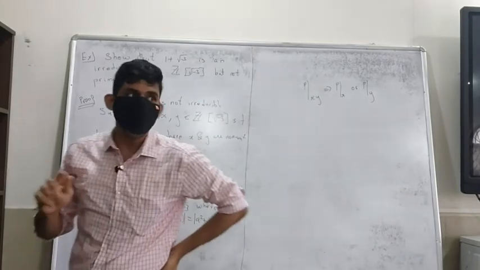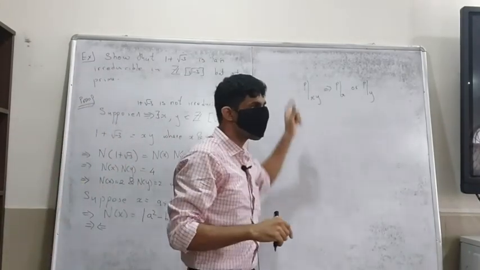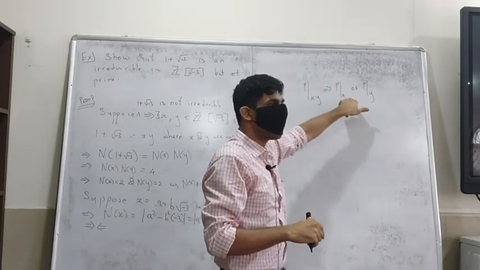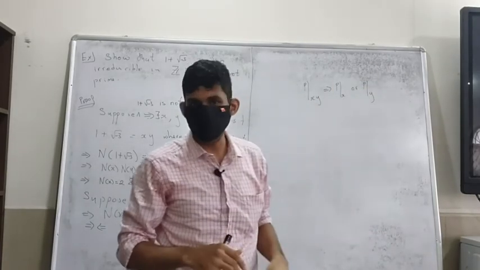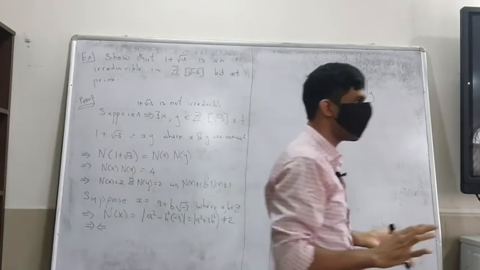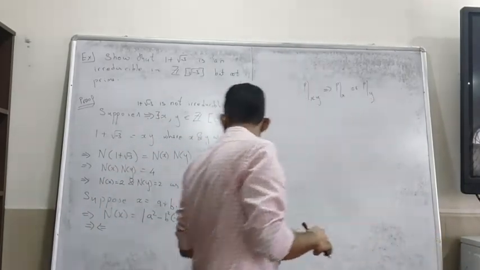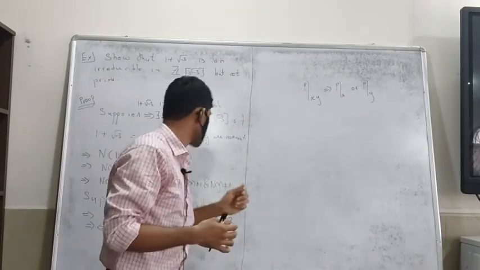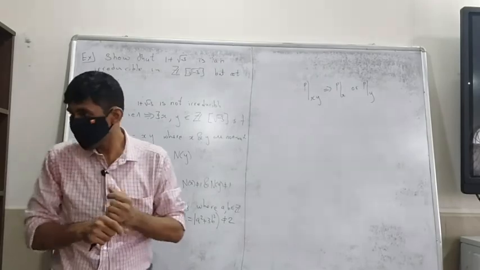Okay, so if I can find some x and y so that p divides xy but does not divide x and does not divide y, that would mean that p is not a prime. Okay, so I have to find out what this x is, what this y is.